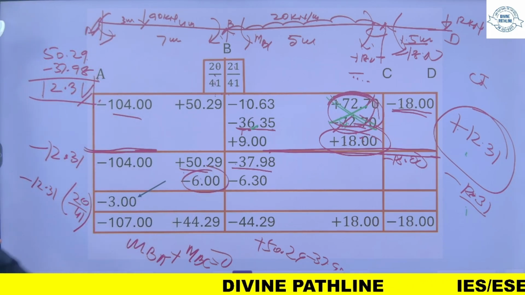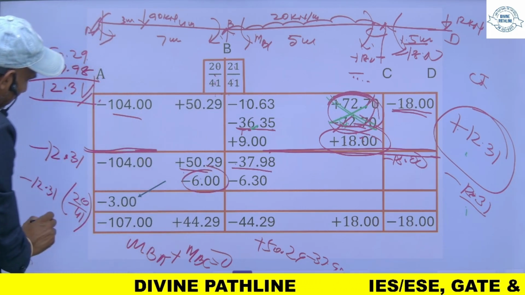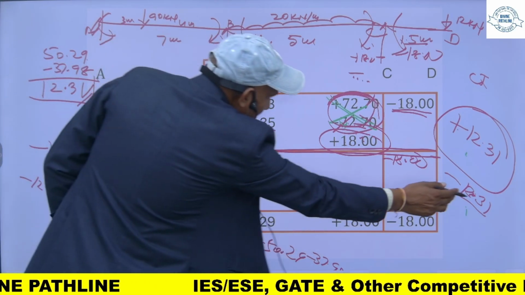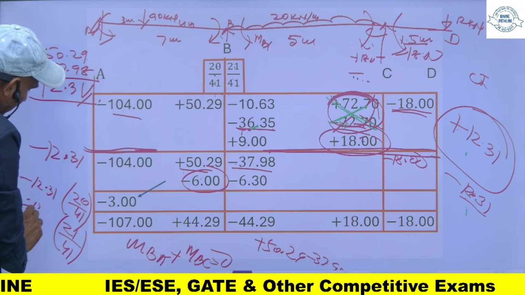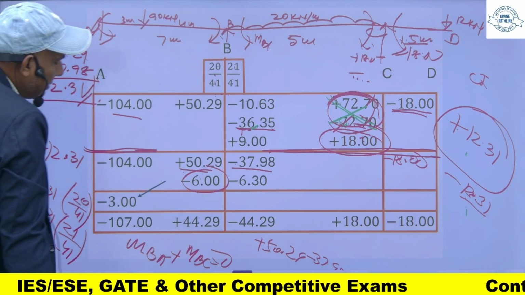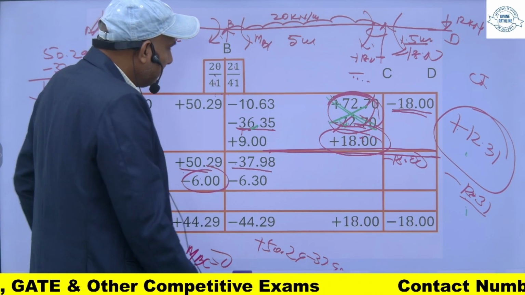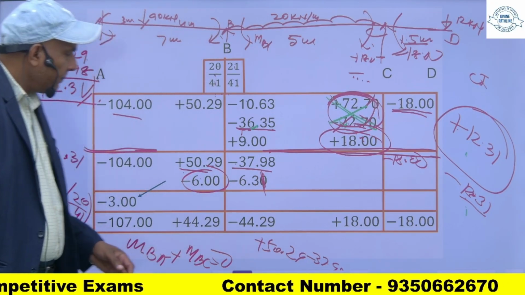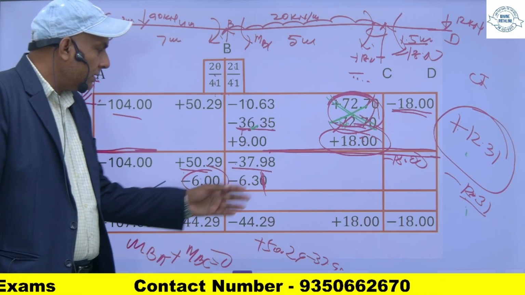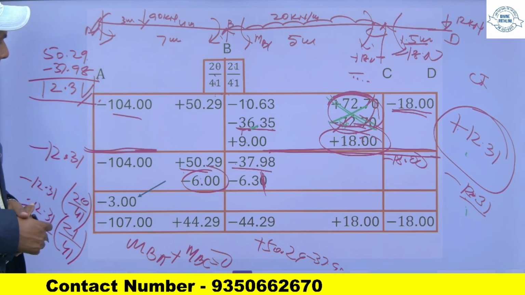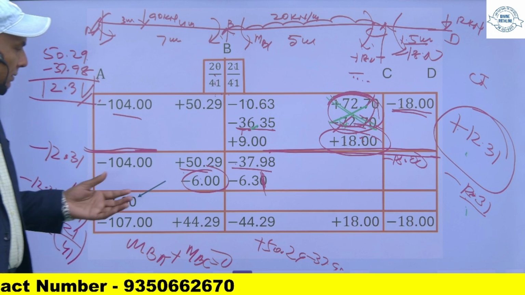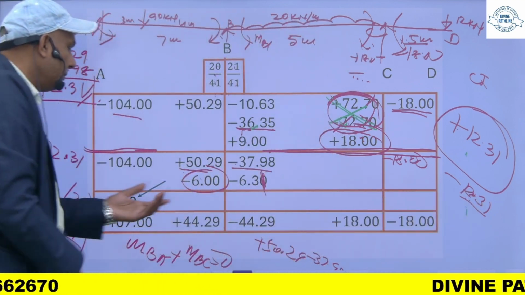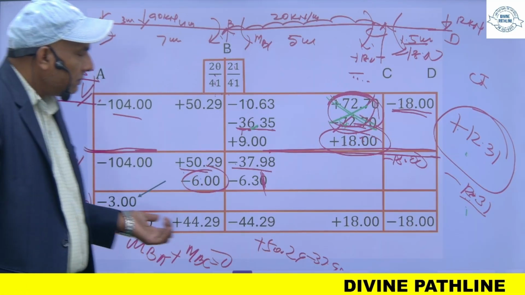Similarly, when you apply this distribution factor and multiply by this 12.31, you get this one. So this will be slightly 6.31, and the sum of this will be minus 12.31.